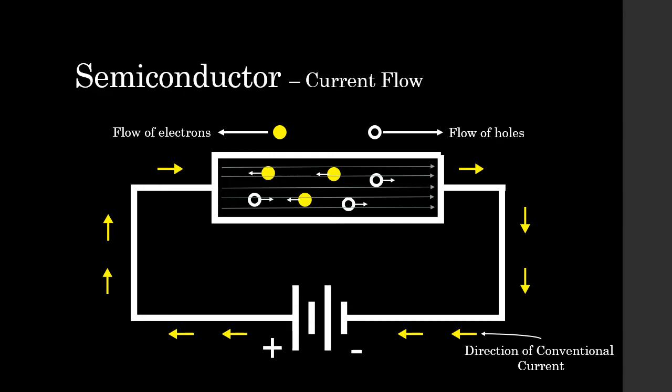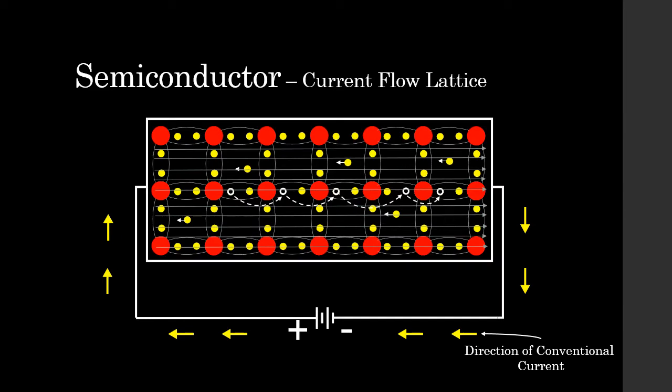But first, I'd like us to visualize this electron and hole flow within the lattice. So looking at the hole flow, we see our holes are moving in the same direction as the electric field, but also notice that the holes are only moving within the valence band.